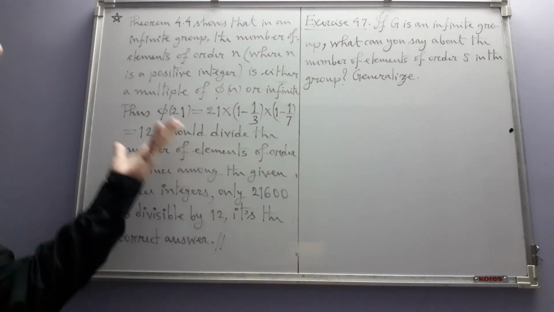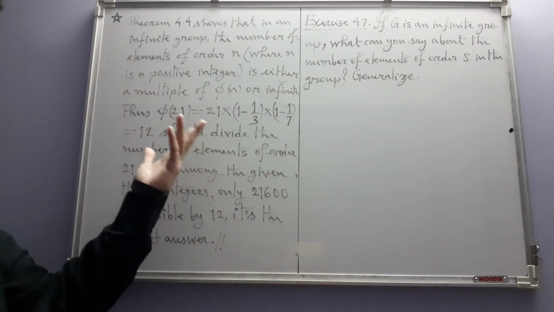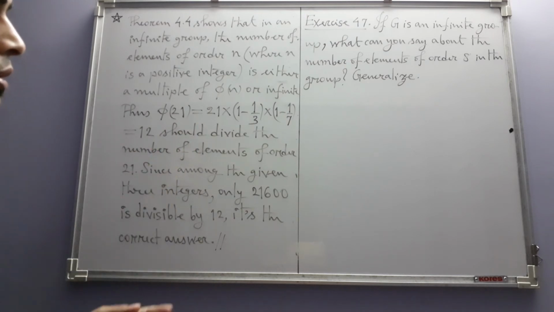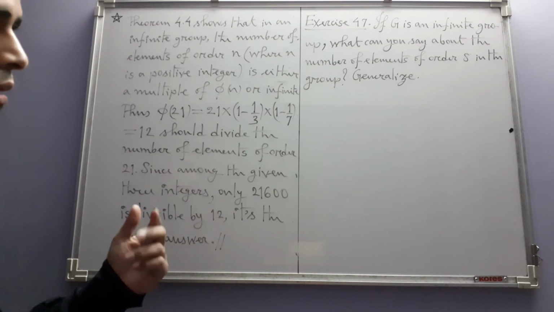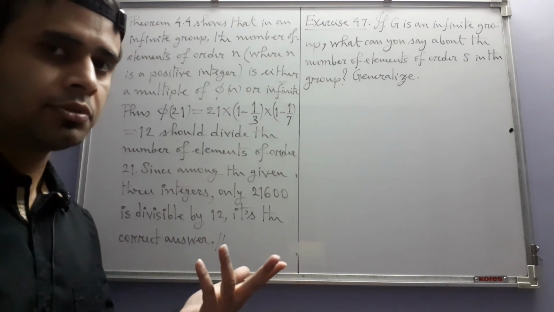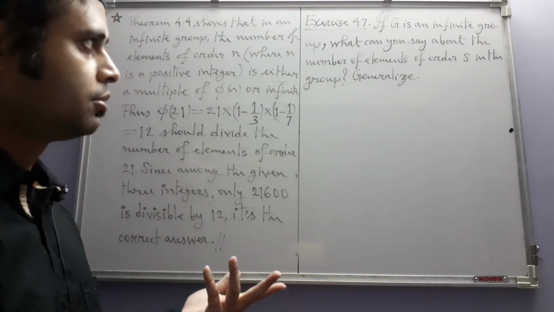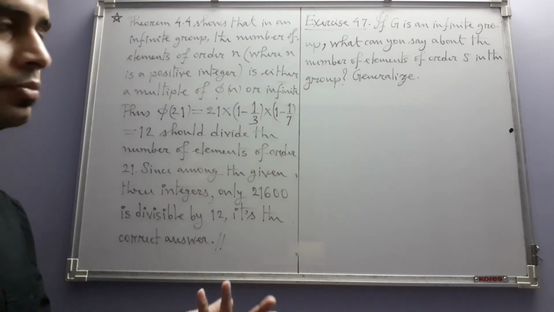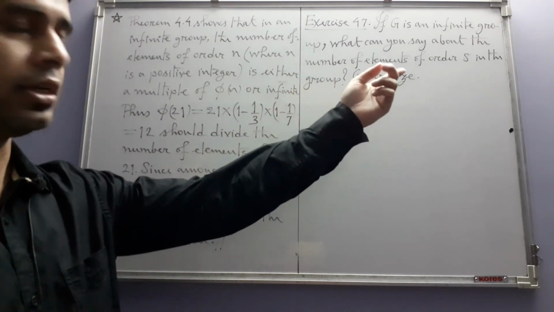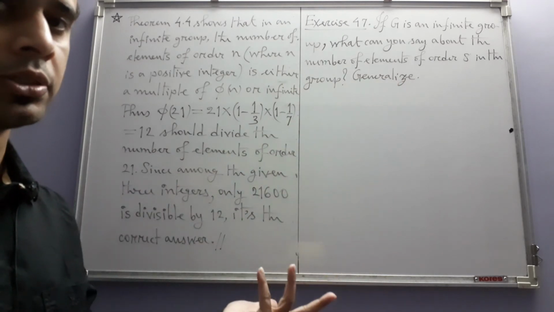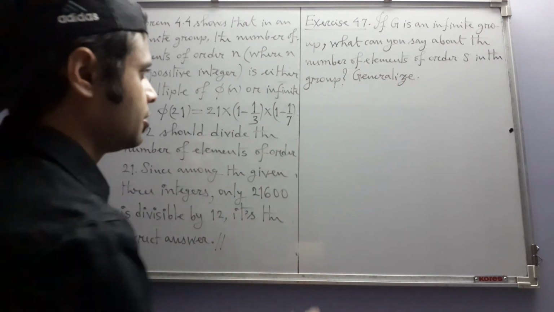So this is just, you can look at the previous exercise. The number of elements of order 8 is either a multiple of phi of 8, which is equal to 4, or is infinite. And in the general statement, in place of 8 you just write a positive integer n. That's all.